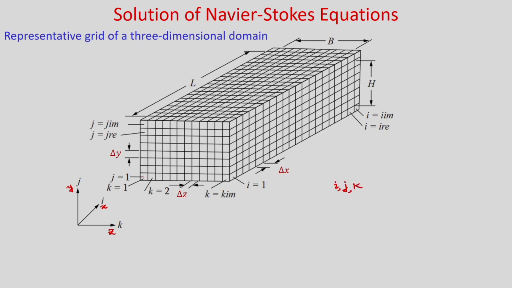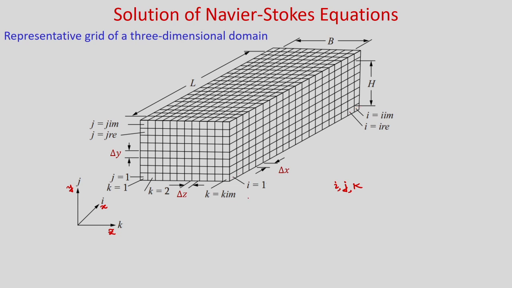This is j equal to 1 and it varies in this direction up to j equal to jim, and the previous cell is jre. Similarly k equal to 1, this is k equal to 2, the last cell is kim, and here we will apply the boundary condition at the last cell, and the previous cell is kre. Similarly in x direction, this is i equal to 1, i equal to 2, and this is i equal to ire, and this is iim.